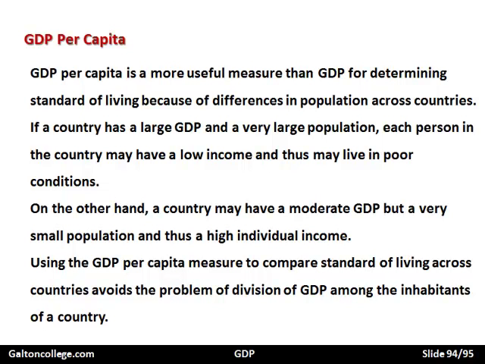So what we've looked at in this class is GDP and GNP, and how to calculate GDP, and we've looked at three measures that were important: the nominal GDP, the real GDP, and the deflator. These are important issues to bear in mind.